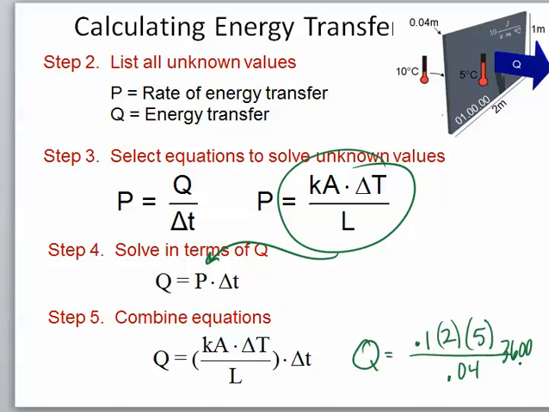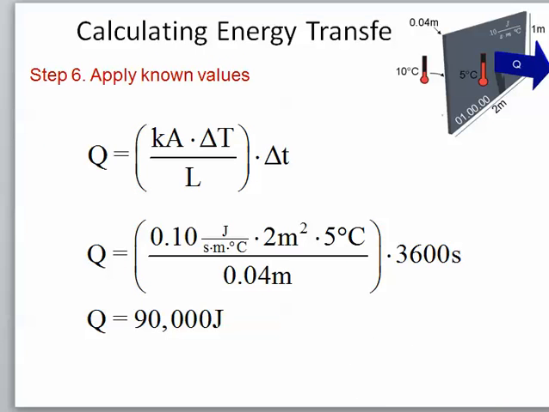Well, let's go ahead and find out what that is. So our energy in this case turns out to be, remember Q is energy, 90,000 joules. And that's what they show us here real quickly.